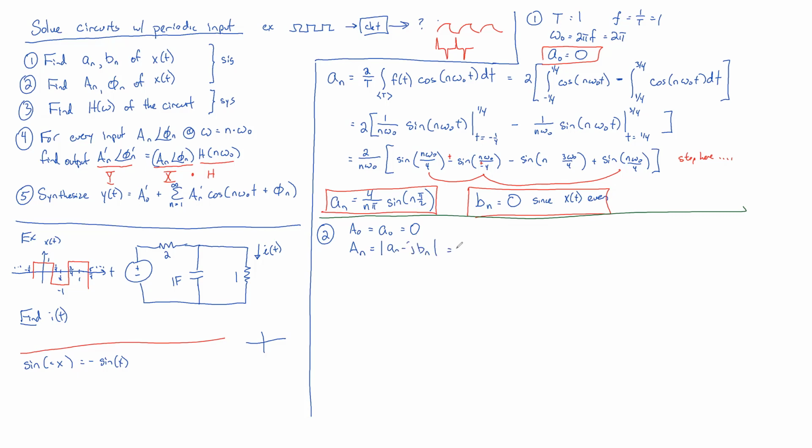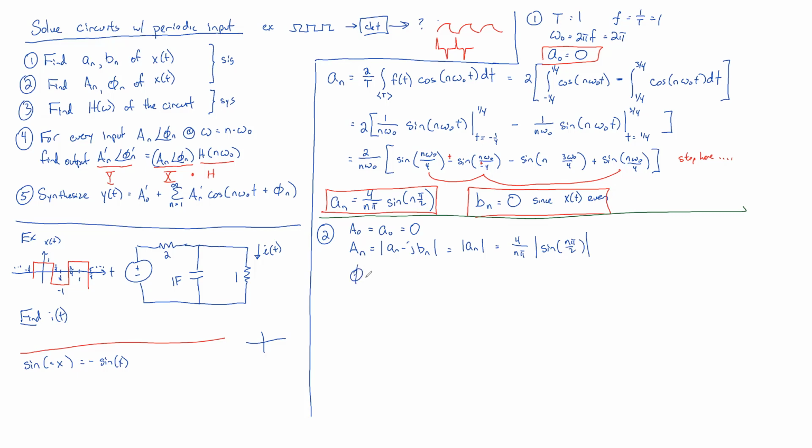But since our b sub n terms are 0, that's just the same as the magnitude of our a sub n terms. And so that's going to be equal to the magnitude of this. Well, this sine thing looks like it's going to bounce up and down, but I can keep the 4 over n pi out there. And now I just need to say it's the magnitude of whatever the sine of n pi over 2 is. So that's our A sub n terms.